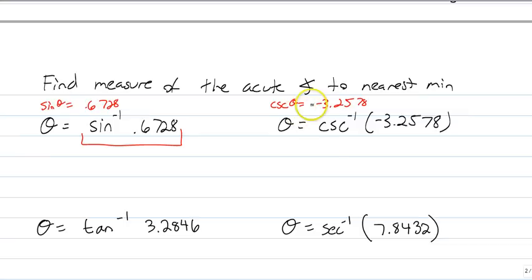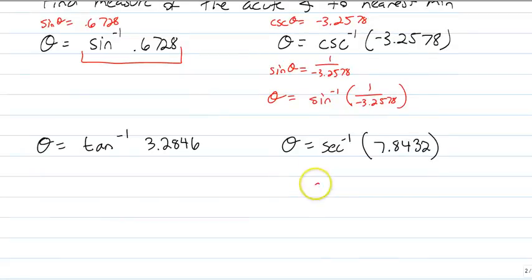So to do it in terms of sine, theta is 1 over negative 3.2578. So the actual thing turns into, it looks like this. Okay, so it flips over the fraction only. It doesn't flip over the whole thing. You don't do 1 over sine. You just do 1 over the number. Here you can just type it in. Secant, you have to do cosine of 1 over.